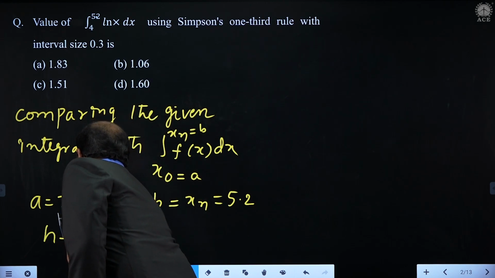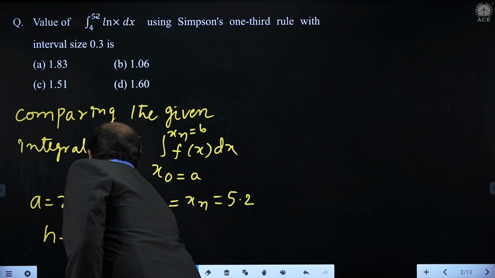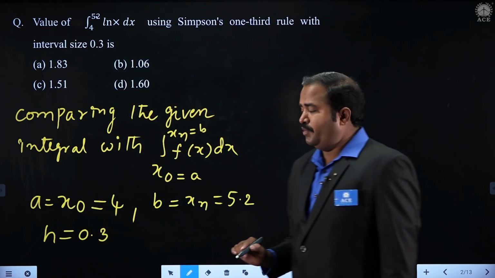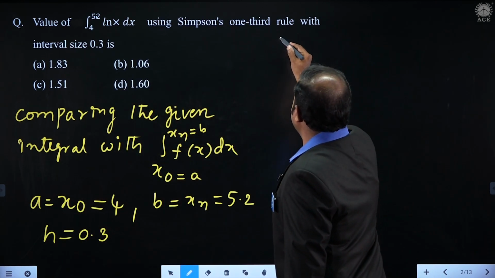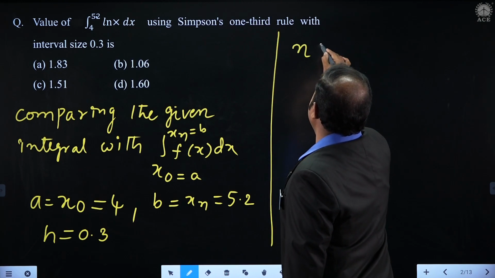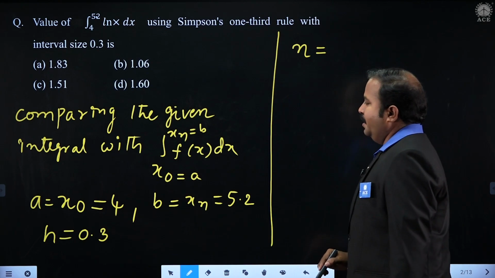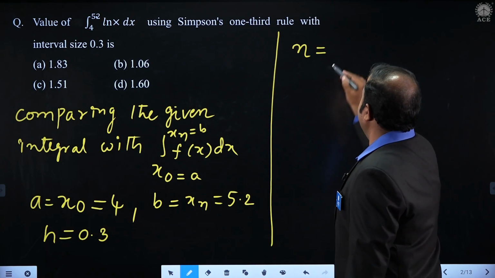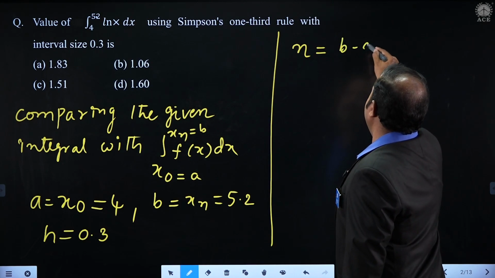The number of subintervals required is n, and we know the relation between n and h is n equals (b minus a) by h.